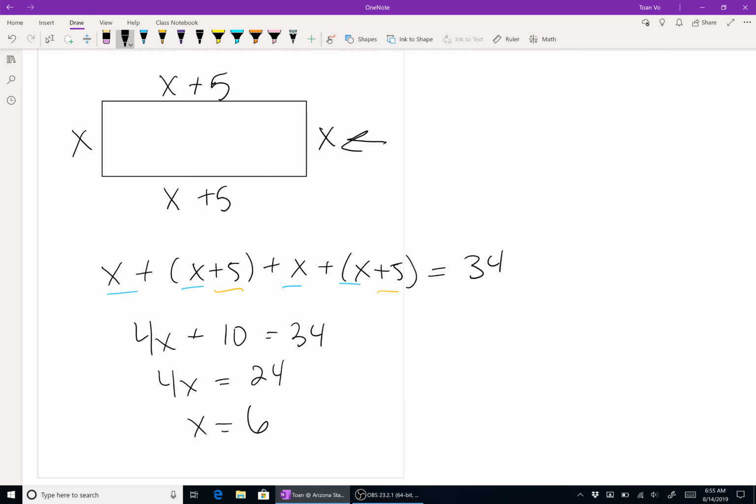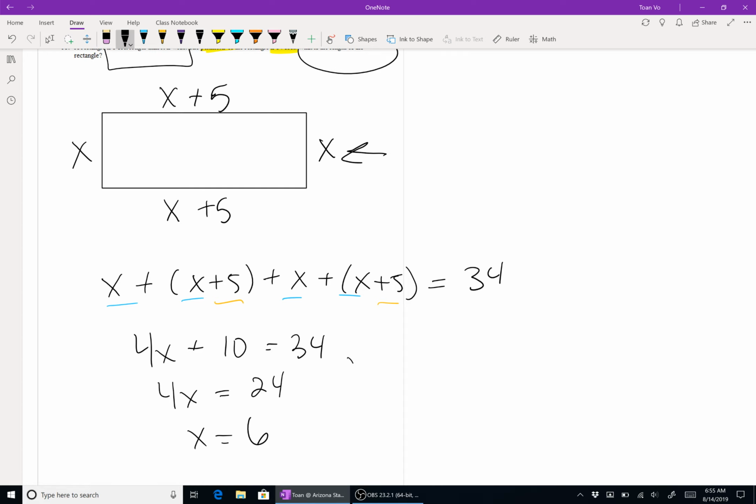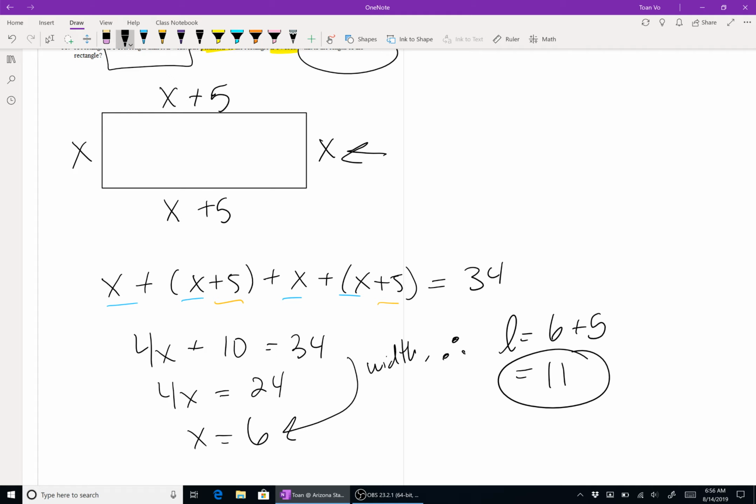X is the width. The question says, what is the length? So we have to remember the problem said the length is 5 feet longer than it is wide. So if all this math is for the width, therefore, the length is 5 feet longer, which is 11. So 11 should have been the true answer. 11 feet.